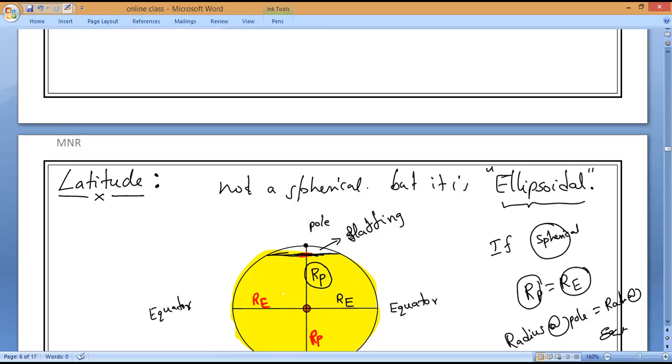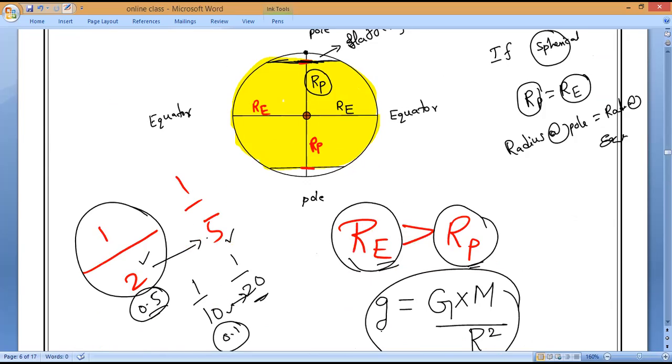The shape of the earth is not spherical, but it is ellipsoidal. This implies that it is bulged at the equator and flattened at the poles.